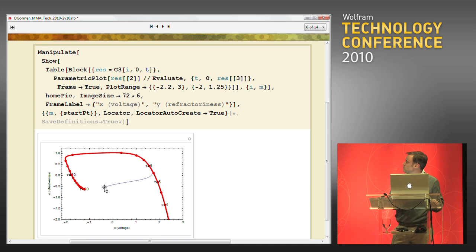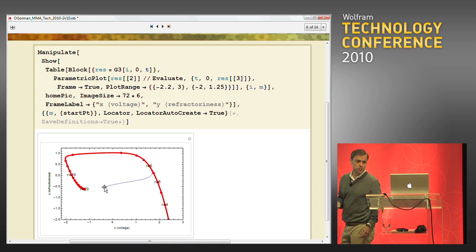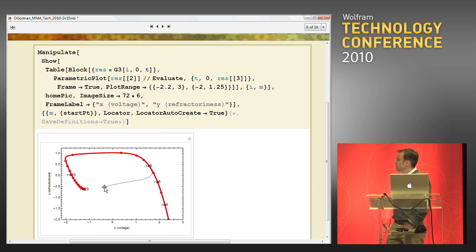And when you play around with this, you notice that no matter where you start, you rapidly join this red path, which we call the home path. And so that suggests that the problem, at least to first approximation, might actually be one-dimensional. And we actually exploit that.